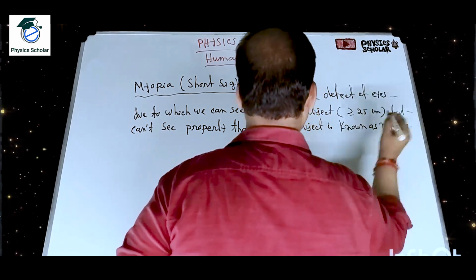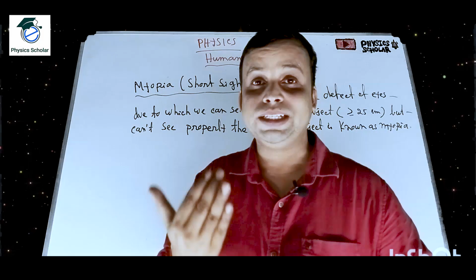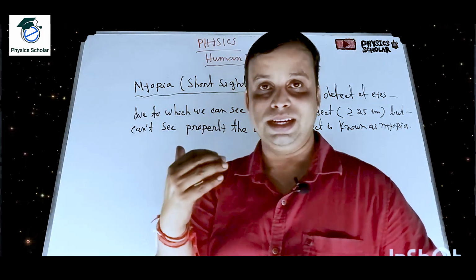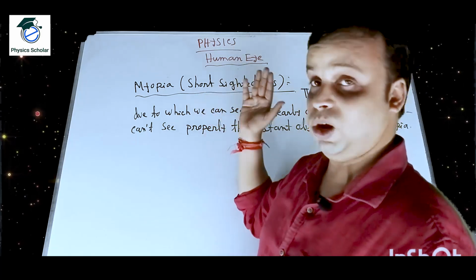Clear? So that means the vision is limited for the nearby object, but we cannot see properly the distant object. So this is known as myopia or short-sightedness.